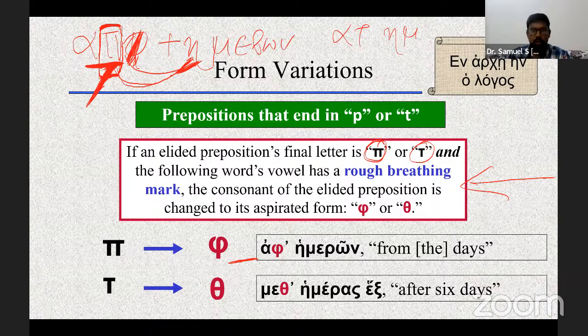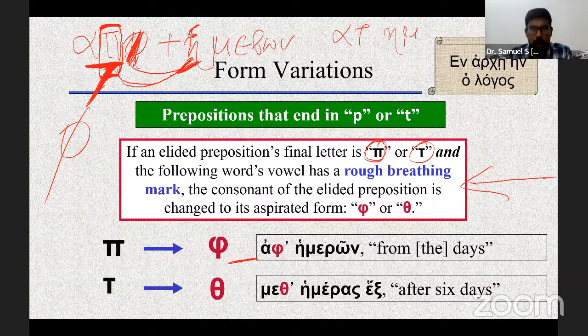So what happens to that pi? It takes a more rough sound. Why? Because there's also a rough breathing mark here. So the pi sound becomes the phi sound of hemeron. See how much easier it is to say? Aph hemeron, elision.